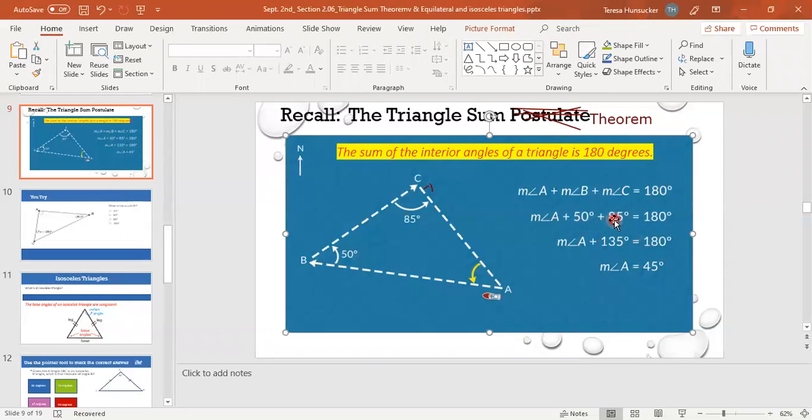If you add 50 and 85, we get 135 plus the measure of angle A equals 180. And the measure of angle A ends up being 45 degrees. That's the triangle sum theorem. Say it a couple times. The triangle sum theorem says the interior angles of a triangle sum to 180 degrees. Okay, so we're going to move on.